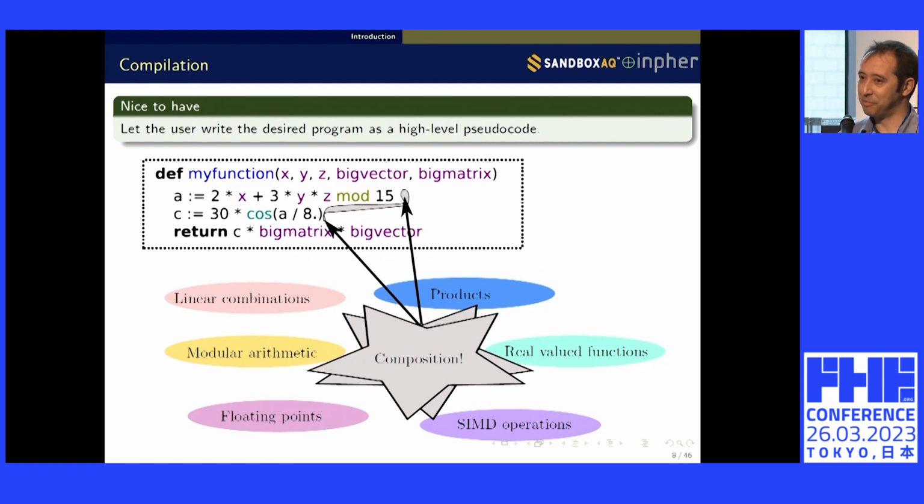It does not just mean execute the second instruction after the first, but it also means that sometimes you will be computing a result as an output of an operation that you need to put as an input of the next one. And this is the mathematical composition, something that is hard to achieve.